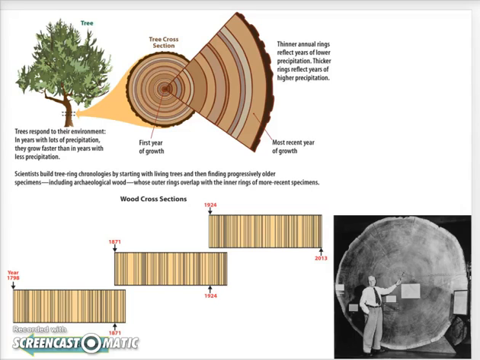So last video we talked about dendrochronology. This chronometric technique is the most precise dating tool available to archaeologists who work in areas where trees are particularly responsive to annual variations in precipitation, such as the American Southwest, developed by astronomer A.E. Douglas in the 1920s.